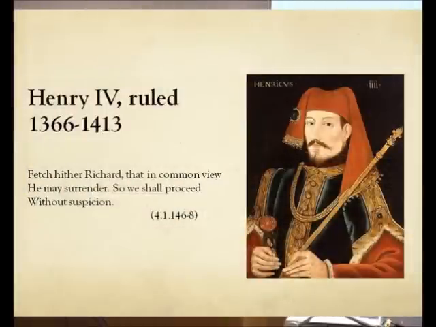And to look at the deposition scene in more detail, Bolingbroke says, "Fetch hither, Richard, that in common view he may surrender, so we shall proceed without suspicion." And you've got the image there of the historical King Henry IV with a wonderful headdress on. So this passage where Bolingbroke summons Richard to Whitehall has got an interesting pun in it.